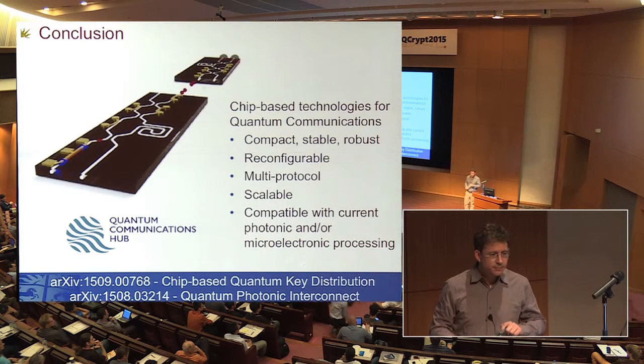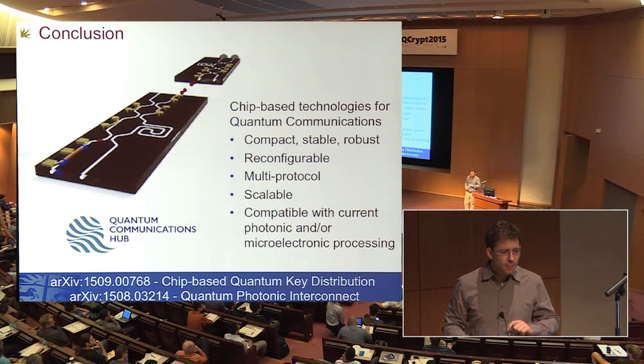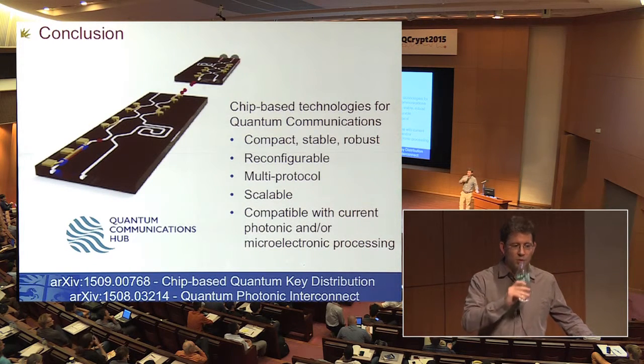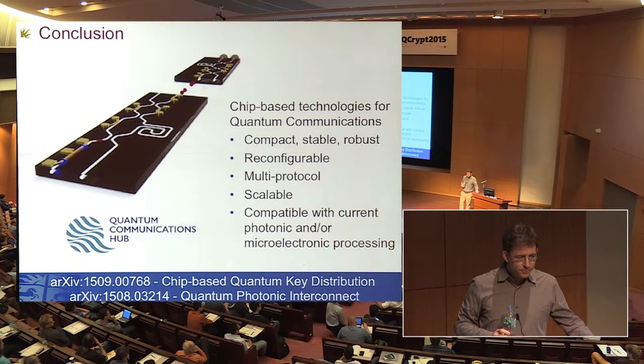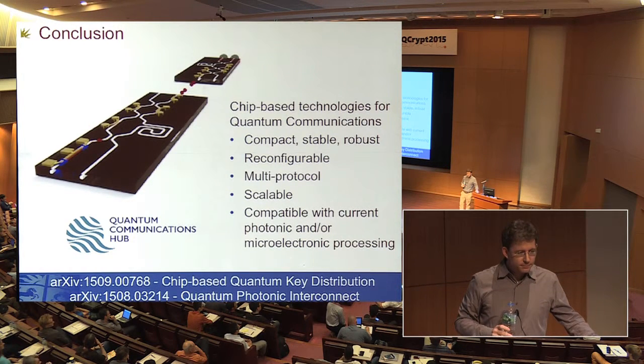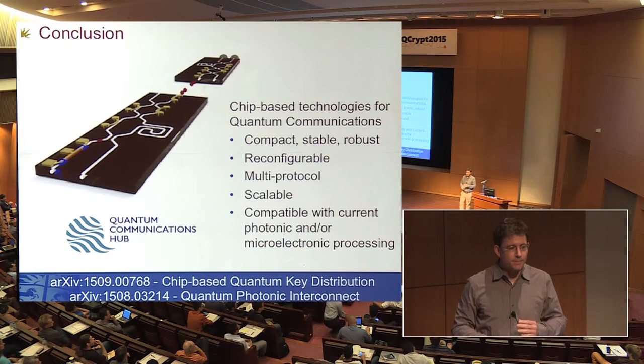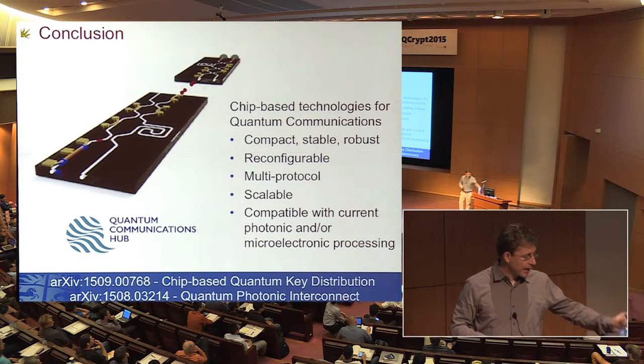Yeah, thank you. This path-to-polarization converter looks really nice. However, if the main purpose is to transmit a two-path encoded qubit from one device to another, wouldn't time binning be a lot easier?